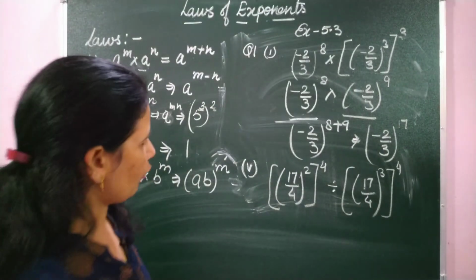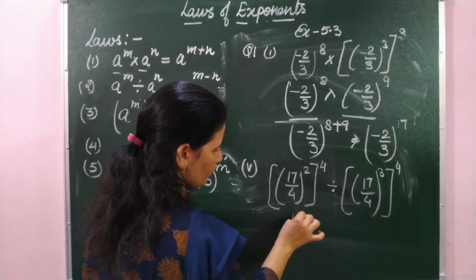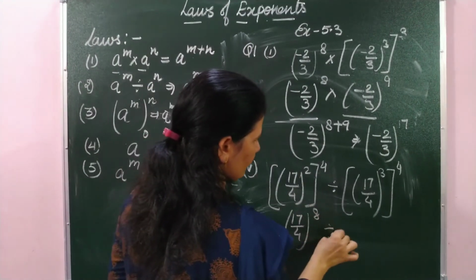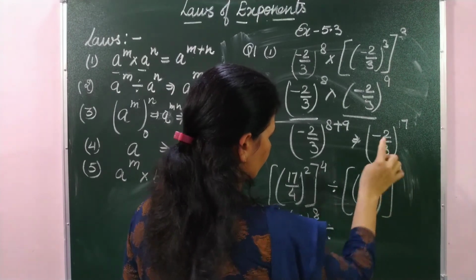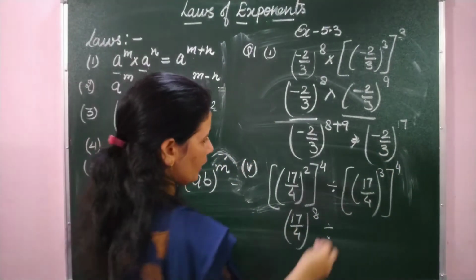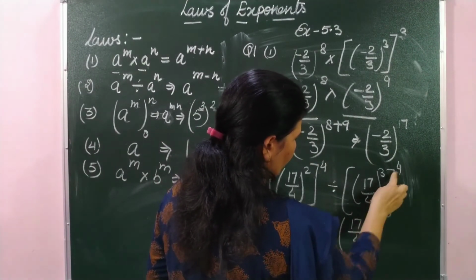Okay. Now first of all, we will follow rule number 3 here. 2 times 4 is 8. So 17 by 4 whole power 8, divided by. Here let's check again that I have written it correctly. Yes, 4 times 2 is 8. Now 17 by 4, 3 times 4 is 12.